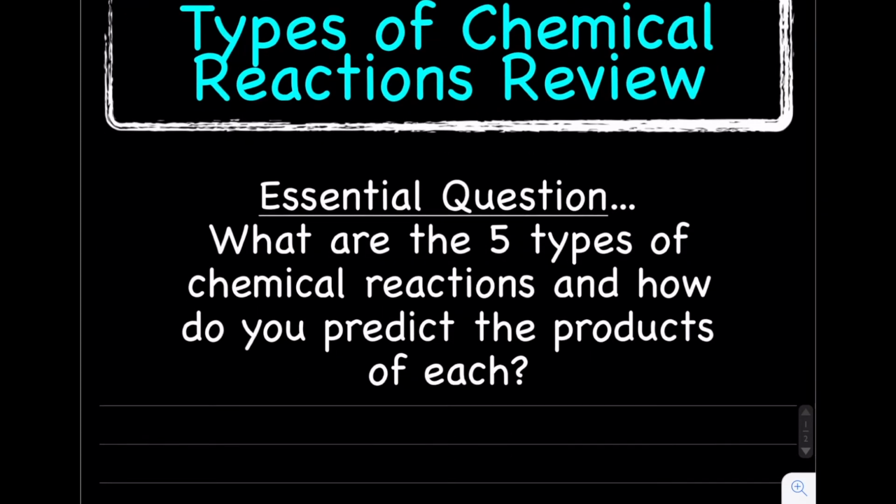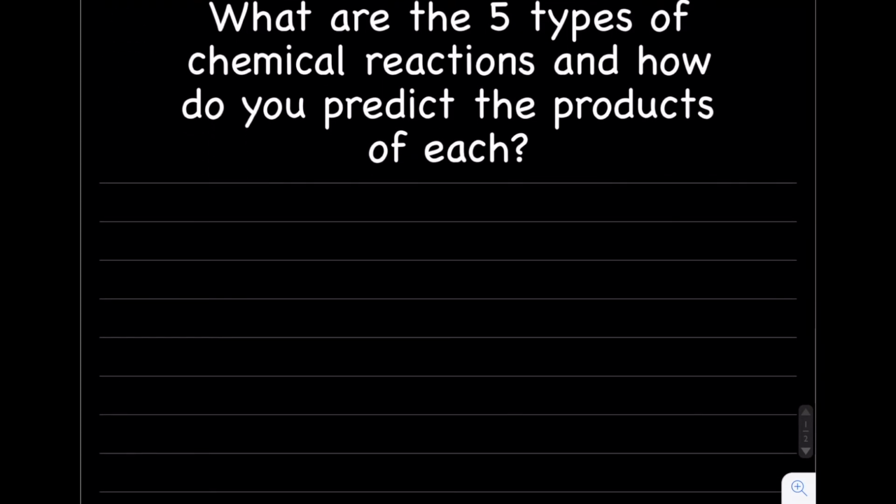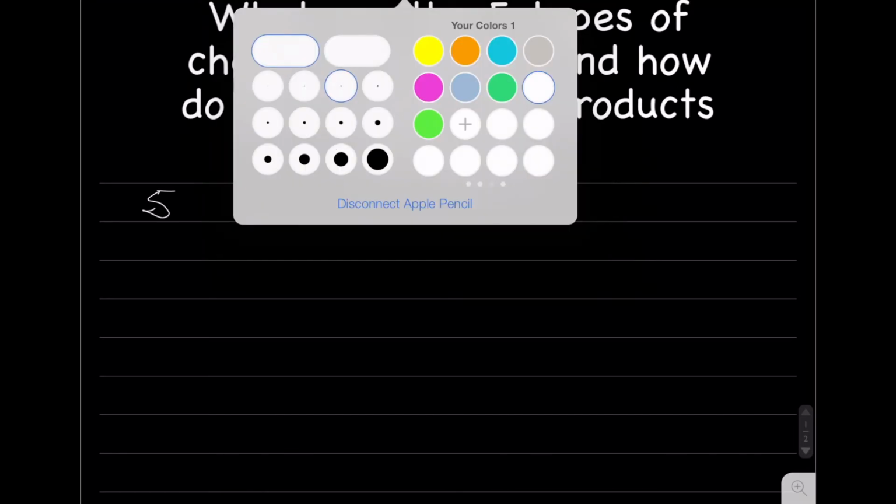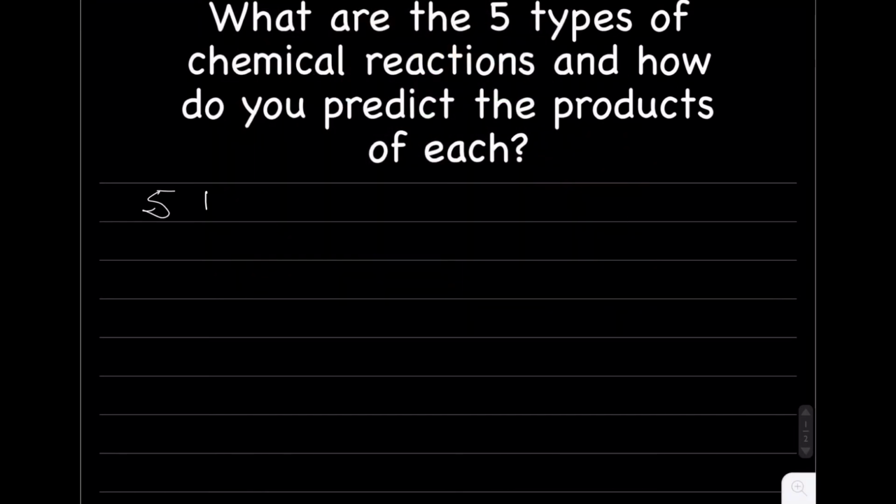And here we go. So, as mentioned in the essential question, we have talked about 5, well, that's not a good size. Let's try that again. How about this one? We've talked about 5 types of chemical reactions.